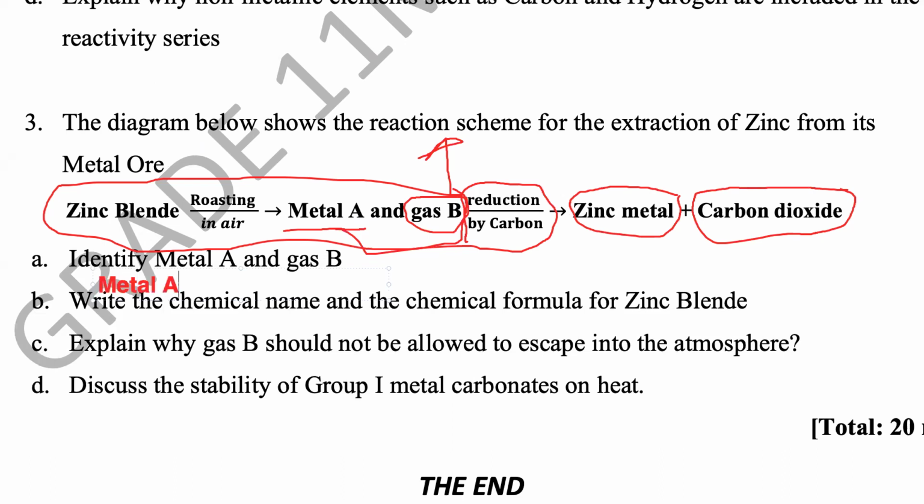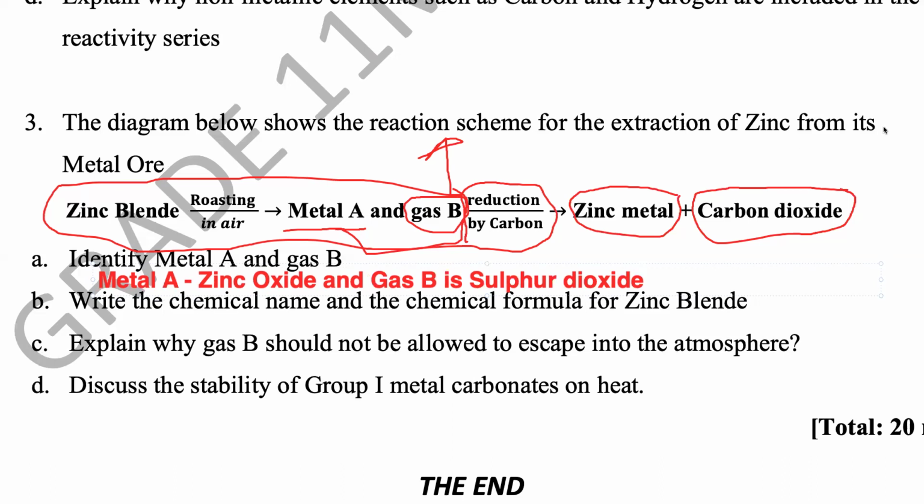So metal A is zinc oxide, and gas B? Sulfur dioxide. And gas B is sulfur dioxide. Good, that's all right.